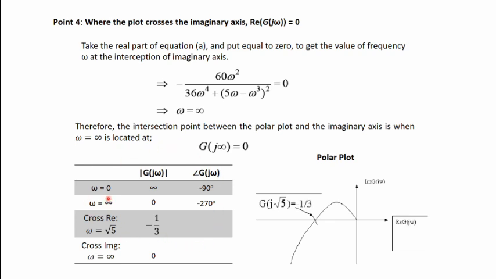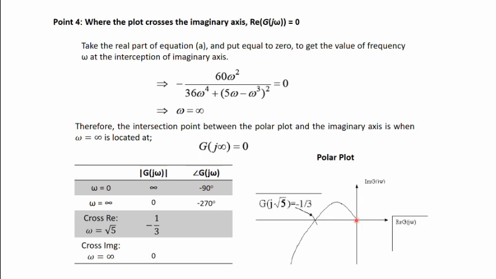For omega equal to 0, the magnitude should be infinite and the angle should be minus 90. Minus 90 is basically this line. Magnitude infinite means ultimately this plot will travel like this and approach minus 90 degrees. When omega is infinity, the magnitude is 0 and the angle is minus 270.